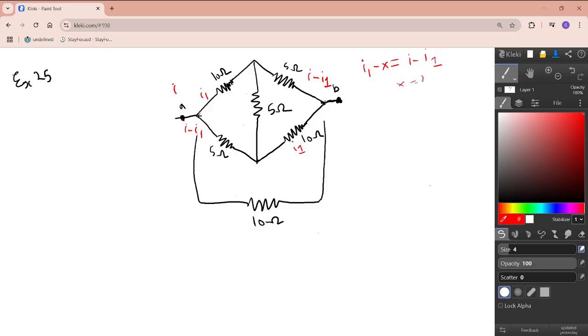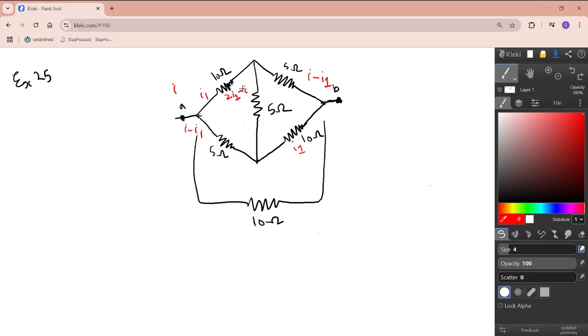So X is 2I1 minus I, right? It's 2I1 minus I. We have assumed it's going out, so it's in this direction.